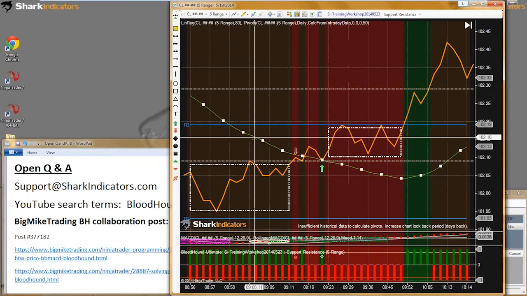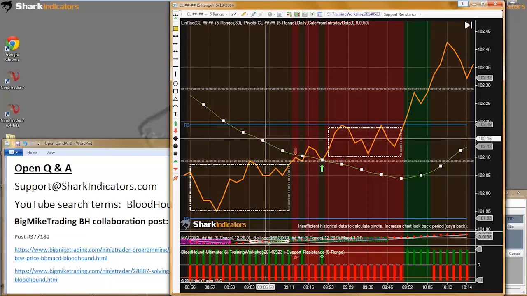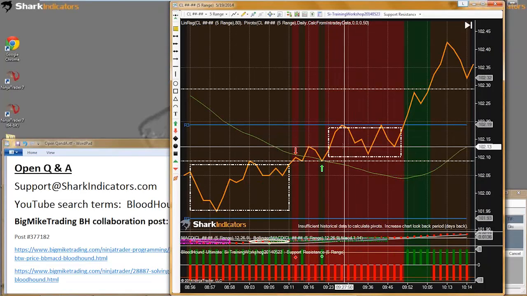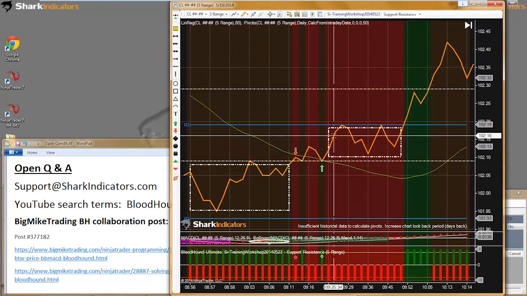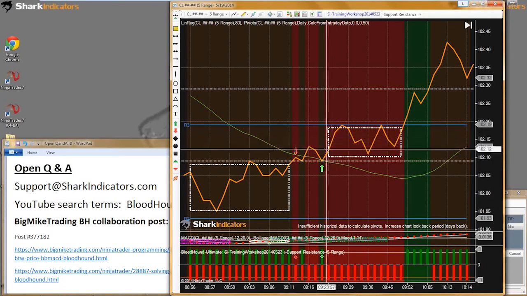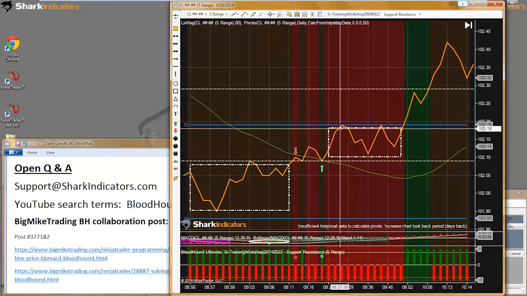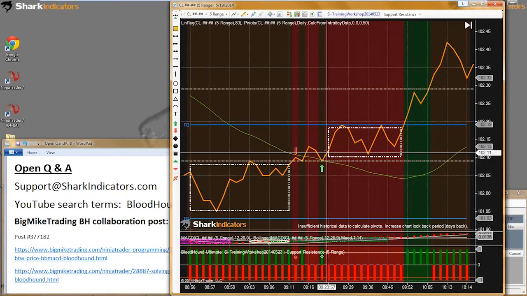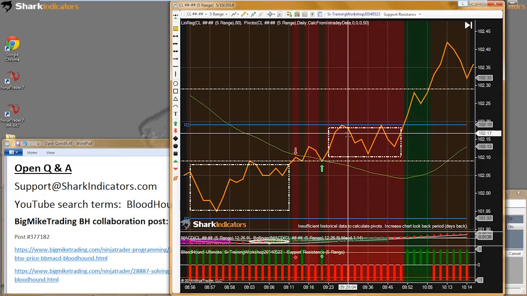You could use this linear regression line, whatever indicator plot that you like to use for your support and resistance lines. That's what the solver will do. In headwind mode, it'll tell you when you're too close to your line, so that you do not take a trade when you're going into that line.